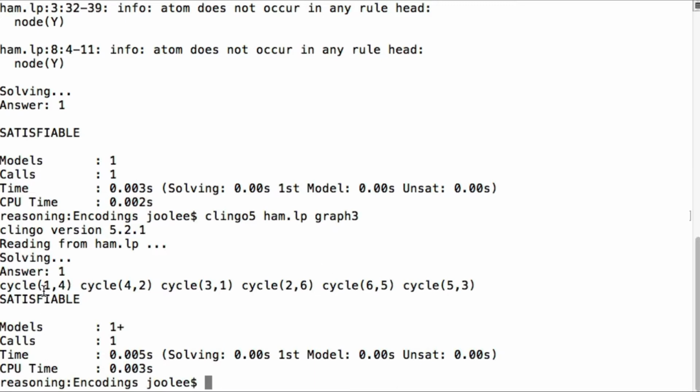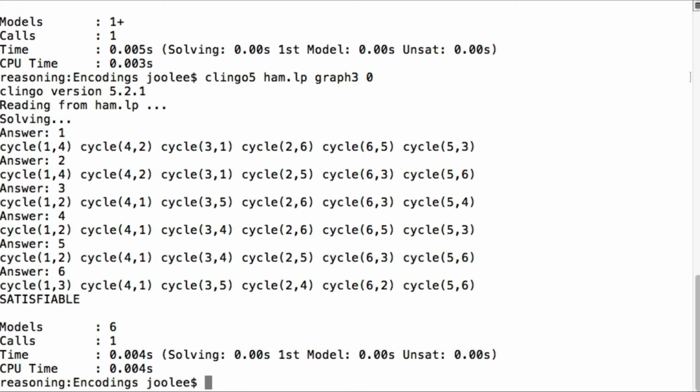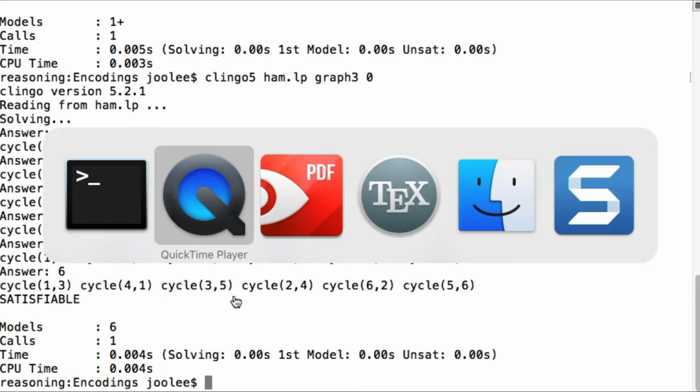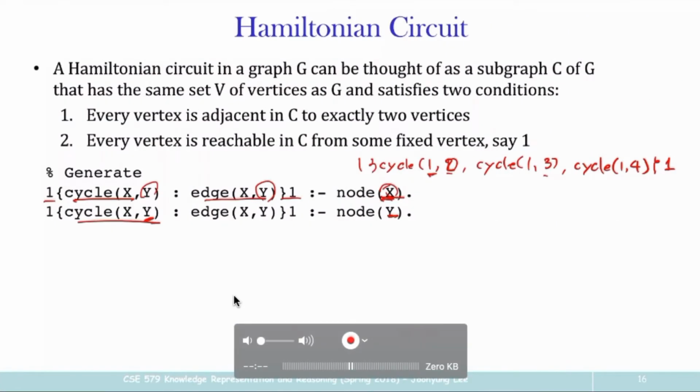So this means the Hamiltonian circuit goes 1 to 4, 4 to 2, 2 to 6, 6 to 5, 5 to 3, and 3 to 1. That's one Hamiltonian circuit. If you're interested in how many there are, there are actually 6 Hamiltonian circuits. We will do that, and I'm not showing the whole program yet, so let's do it one by one.